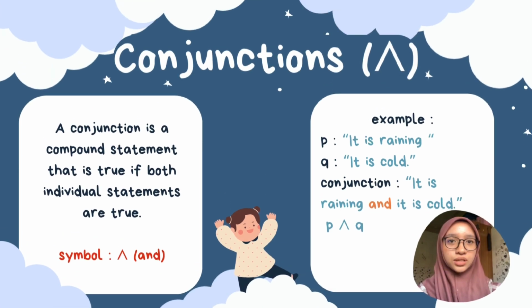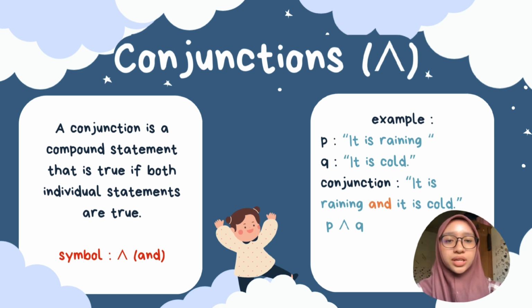Let's look at an example to understand this better. Let P be it is raining, and Q be it is cold. When we combine these two statements with a conjunction, we get: it is raining and it is cold. For this entire statement to be true, both individual parts must also be true.